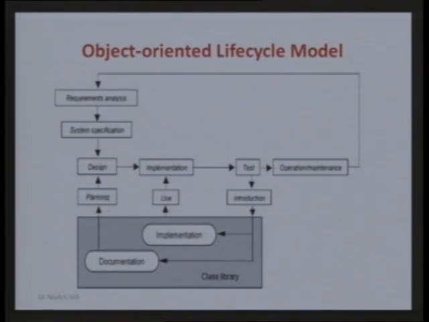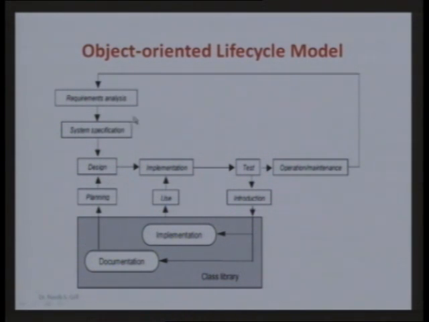Now let's spend some time on this diagram. This is our object-oriented lifecycle model, and if you look, this gray color box contains implementation and documentation. But start from the beginning phase, the requirement analysis.